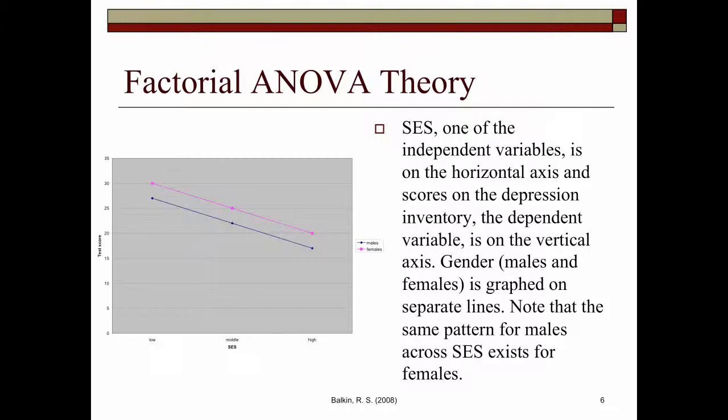And you can see that what's happening with males is the same thing that's happening with females. For both groups, the low SES group scored the highest. And for both males and females, the high SES group scored the lowest on the depression inventory. So what's going on with males is the same thing going on with females. There's no significant interaction. The pattern of responses is the same.